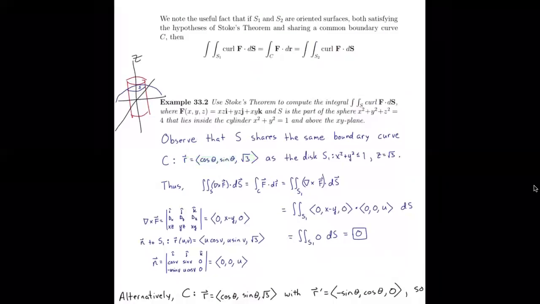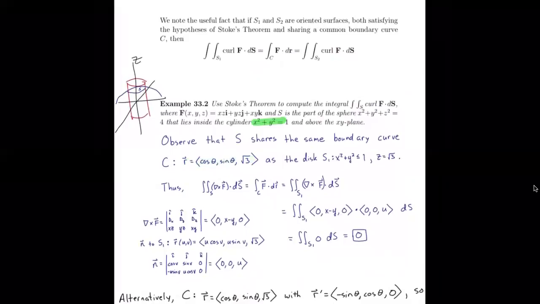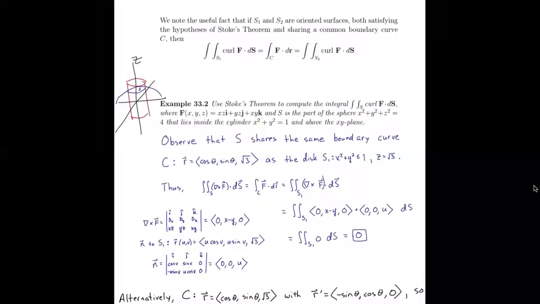Well, we took the fact that x squared plus y squared equals 1, and we substituted it into the formula for the sphere to get 1 plus z squared equals 4. z squared equals 3, so z is plus or minus root 3. We're only working above the xy plane, so we've taken positive root 3. Okay, so some steps weren't shown, but we've done things like this many times by now. This three-dimensional geometry shouldn't be holding us back too much.